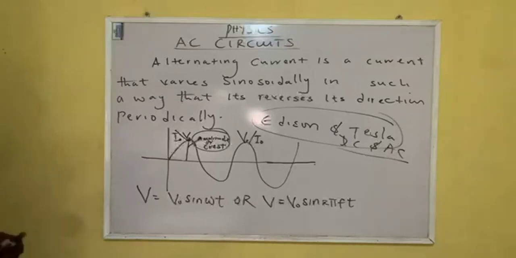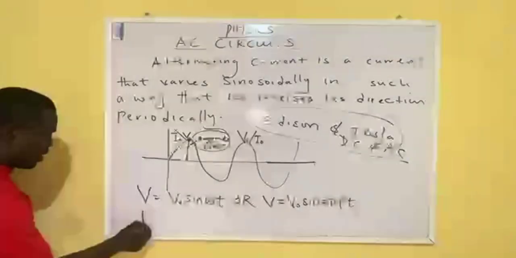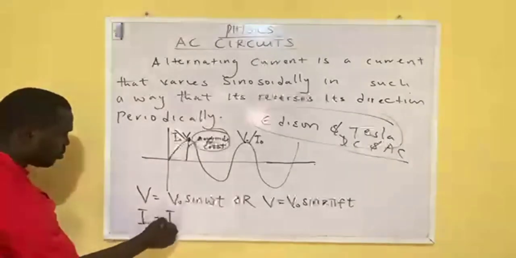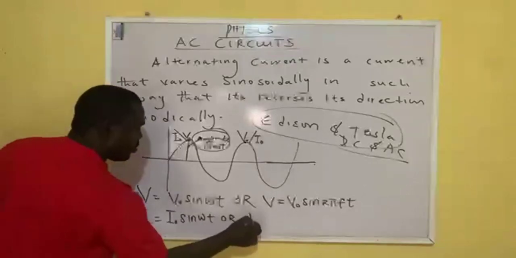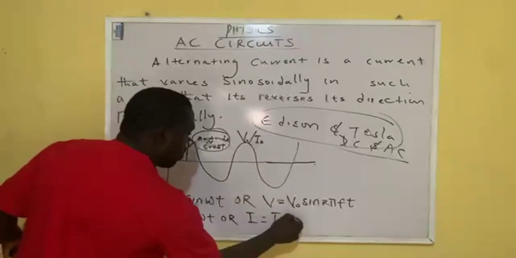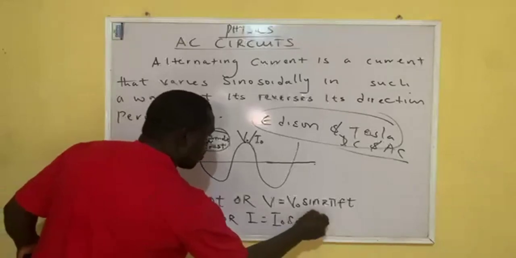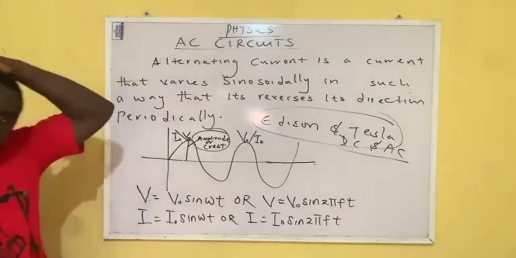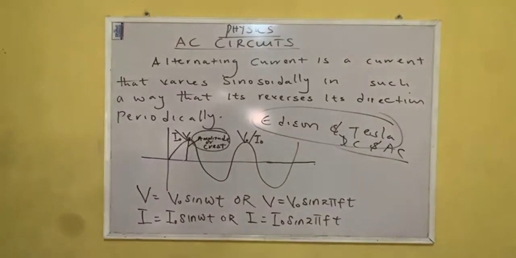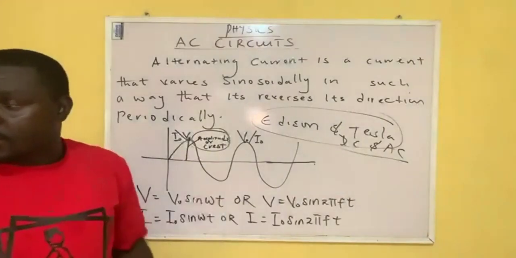You could also write it with I naught this way. Both are acceptable. So if you look at what I have on the board, you will agree with me that solving a question like this or understanding this equation is very, very pivotal.